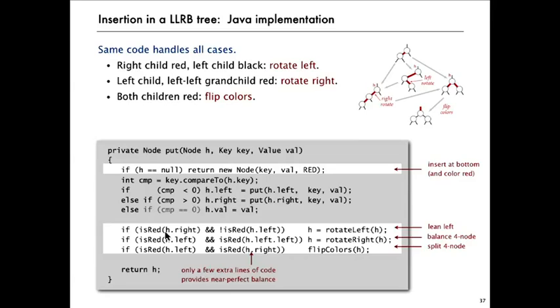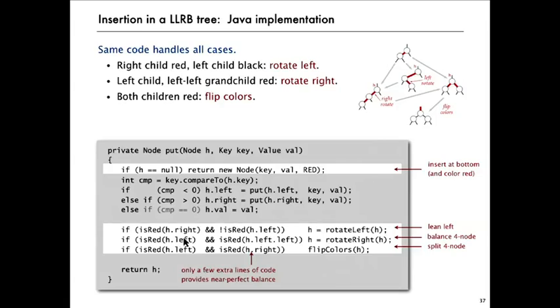So h is a 3-node leaning the wrong way, so we just rotate left h. Whenever we're sitting on a right red link, we just rotate it left and return that. So in this case here, we'd rotate it left and reduce it to that one. Or in the case when we're just inserting a new node and it turns out to be the right red link attached to a black one. So that handles that case.